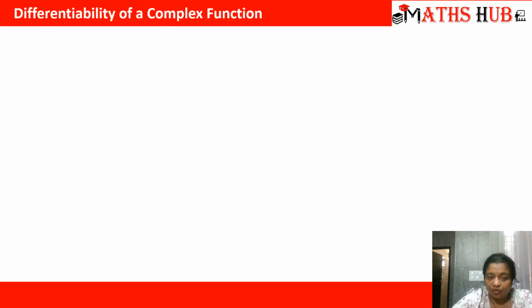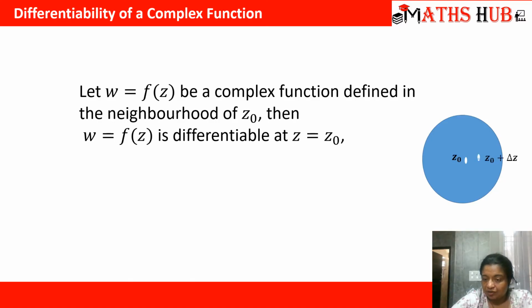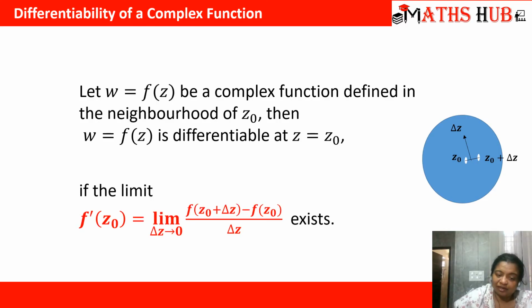Now, what is the concept of differentiability of a complex function? Suppose there is a domain D and we have a point z naught in this. This point has been displaced to z naught plus delta z. So the change in the two points is delta z. How do we define the limit? We say, what is the change in the function?